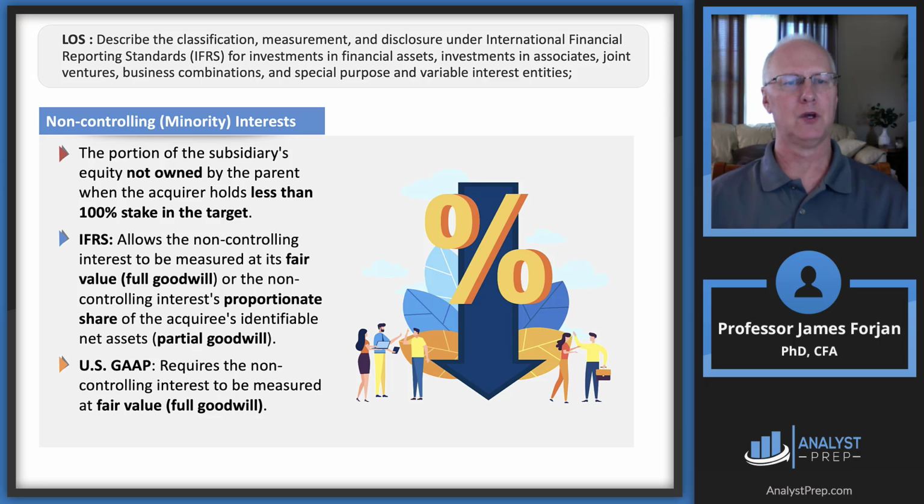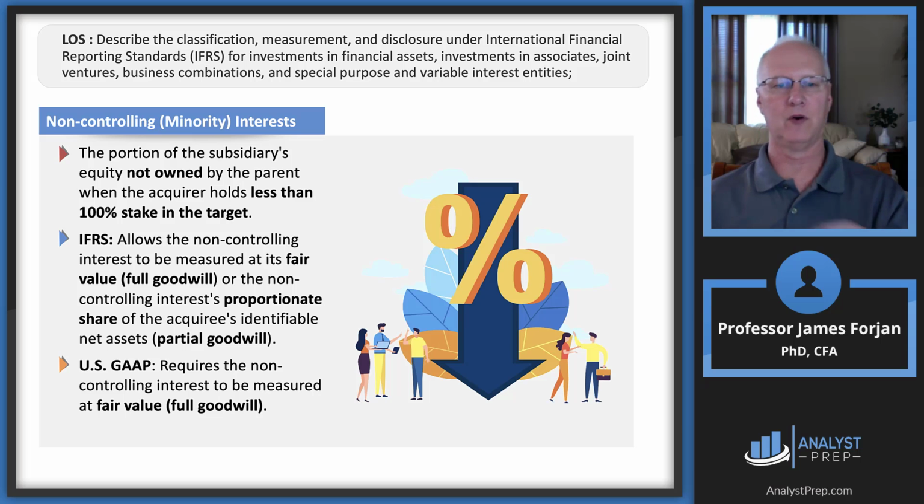All right, back to those non-controlling interests. The portion of the subsidiary's equity not owned by the parent when the acquirer holds less than 100%, right? That makes sense. So IFRS allows the non-controlling interest to be measured at fair value or at proportional share.